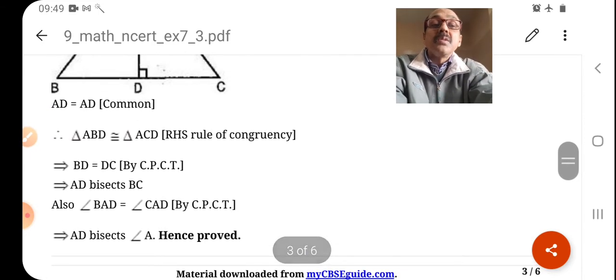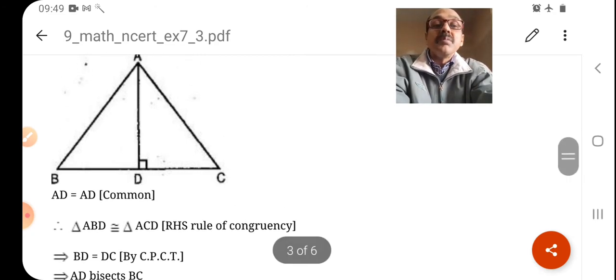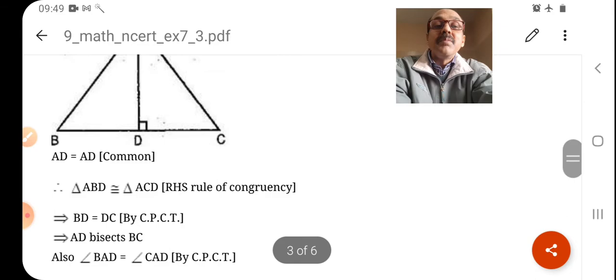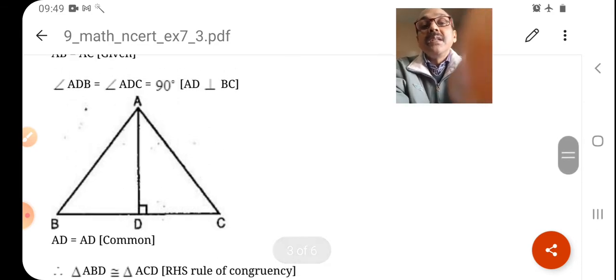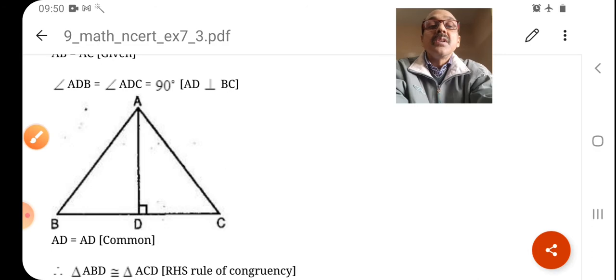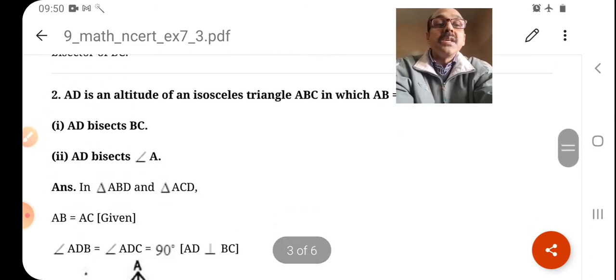Because these two triangles are congruent, now you can say BD equals CD by CPCT, their corresponding sides are equal, and that means AD bisects BC. And we can say angle BAD equals angle CAD.